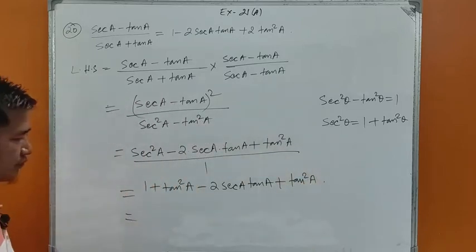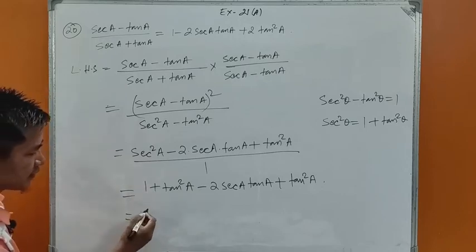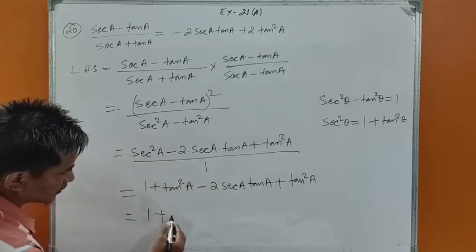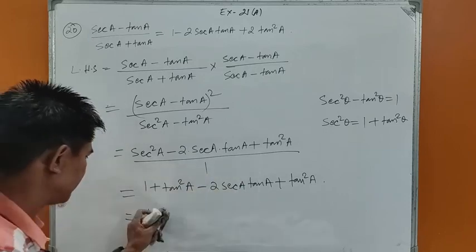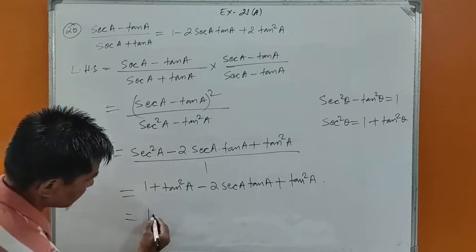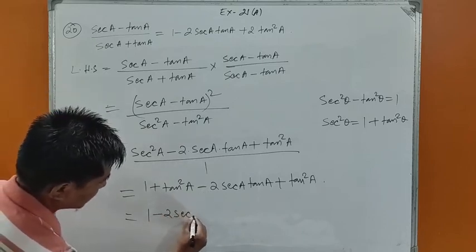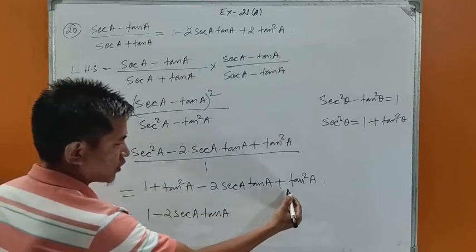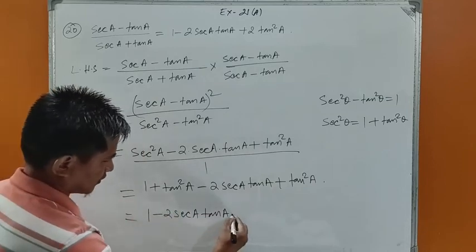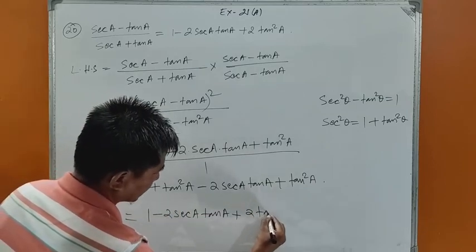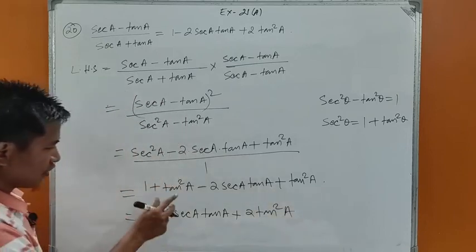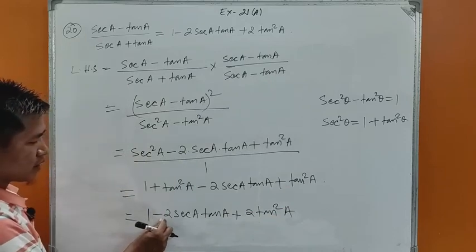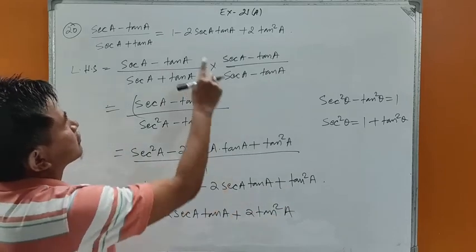Minus 2 sec A tan A we copy as it is. Now we have plus tan square A and plus tan square A, that means plus 2 tan square A. So 1 minus 2 sec A tan A plus 2 tan square A is the right hand side.